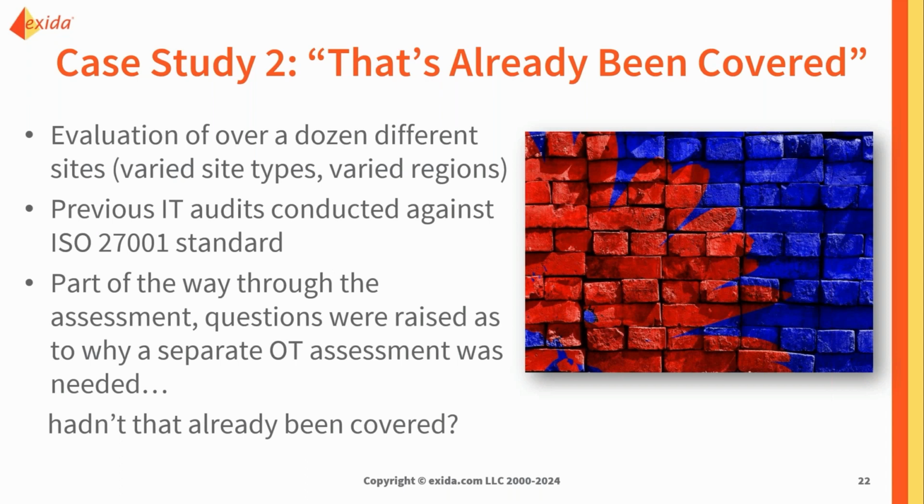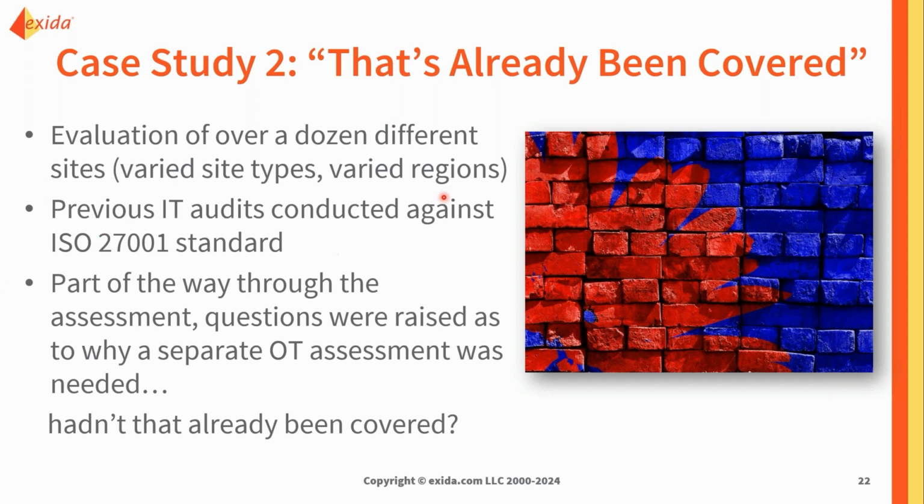And I'll say that I have this up here as kind of a single case study, but this specific scenario has happened on at least 3 or 4 projects that I've been directly involved in. So this is something that we see a lot, where with that idea of IT and OT convergence, understanding how the groups should work together and what's covered by one area versus another is not always clear.